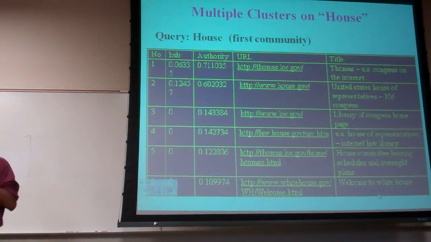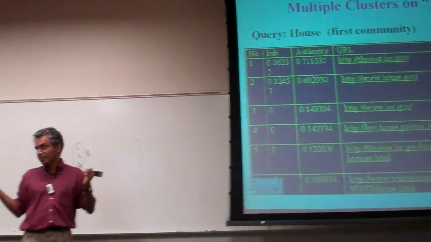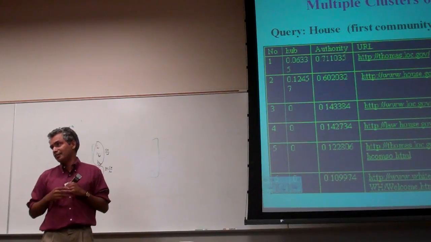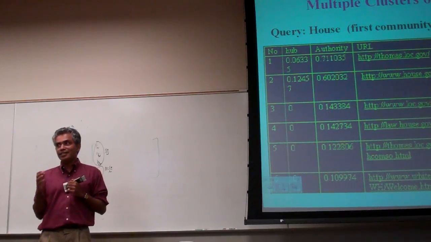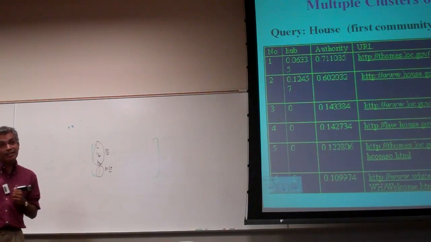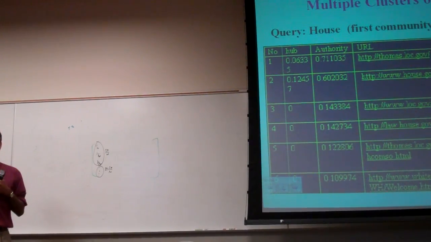You can figure out that there are these three different clusters by first running authorities and hubs on the whole set, removing the first cluster, rerunning it, removing the second cluster, rerunning it. I'm not saying this is the most efficient way, but it does give you those three notions of the query "house".